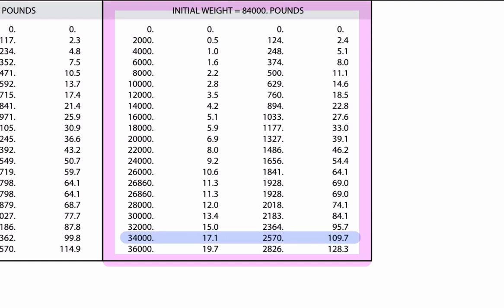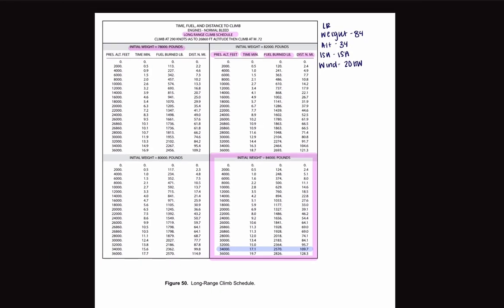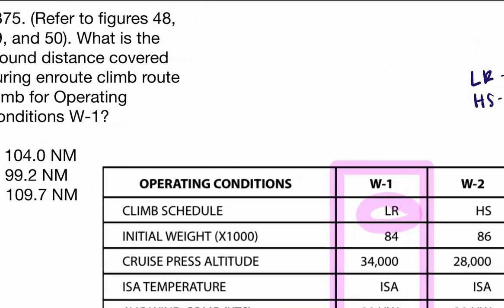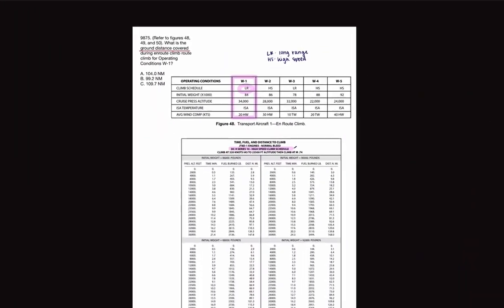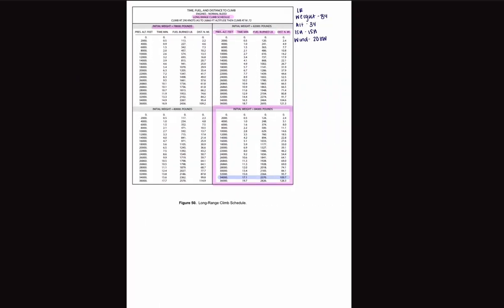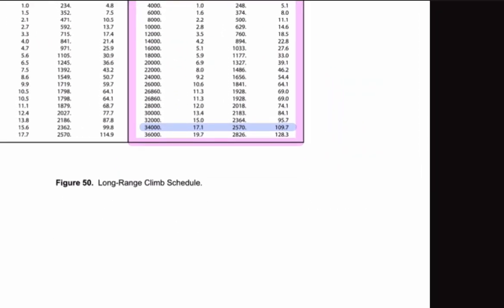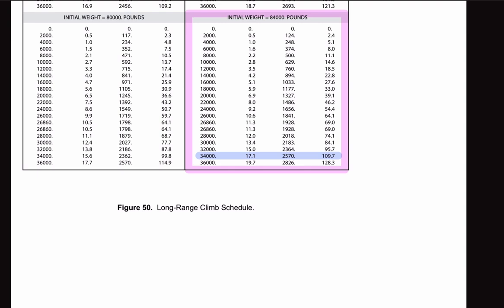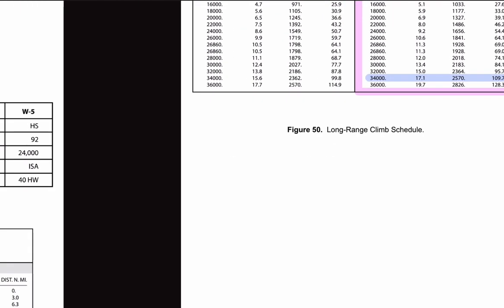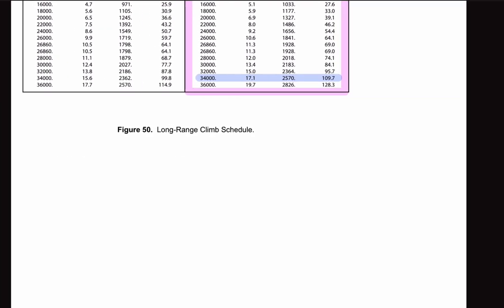Now we're going to just look at our information there, and we start with our no wind time. Remember, our question is asking us to figure out our ground distance covered. So that's going to be very similar to the question we originally went over about distance, time, and speed. So we're going to start with our no wind time, which is 17.1.